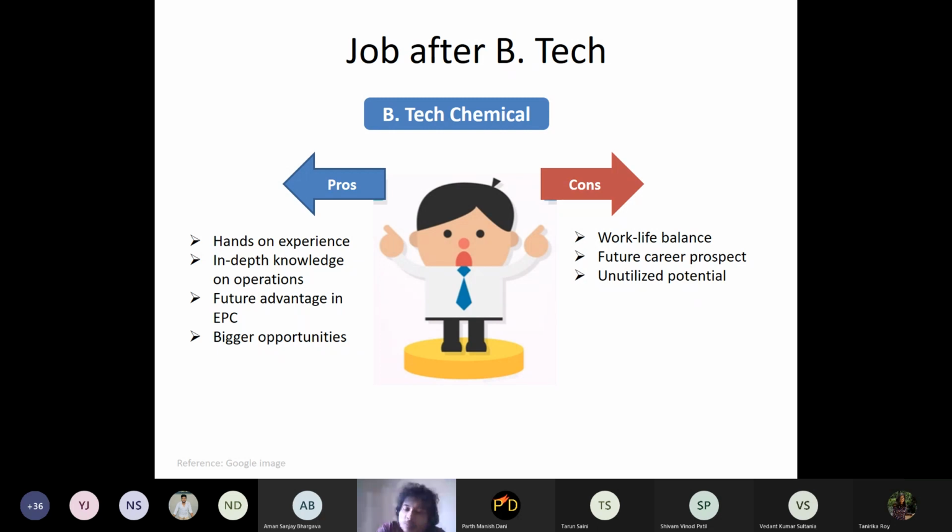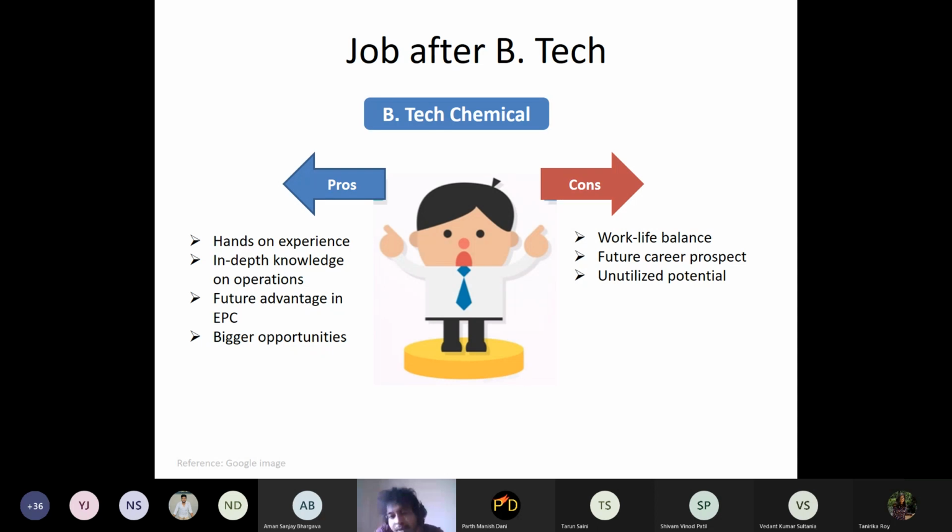If you go for higher studies, you can have much more unutilized potential which is not coming out. Basically, yes, it's good to have this plant experience, but in addition, with this reinforced understanding, you can do much more in the research area, on these things which are running in the plant.